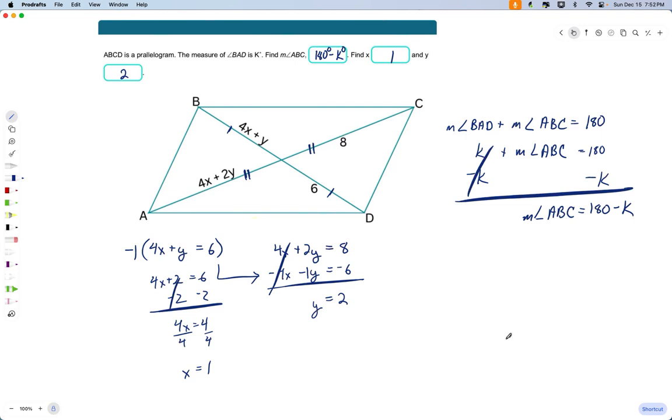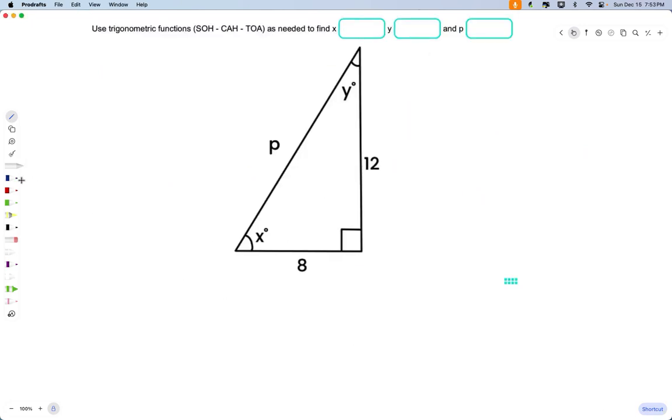Next problem. All right, we're going to use trig functions to find x, y, and p. So we have absolutely no idea what x and y's degree of measure is, but we have the base and we have the height.